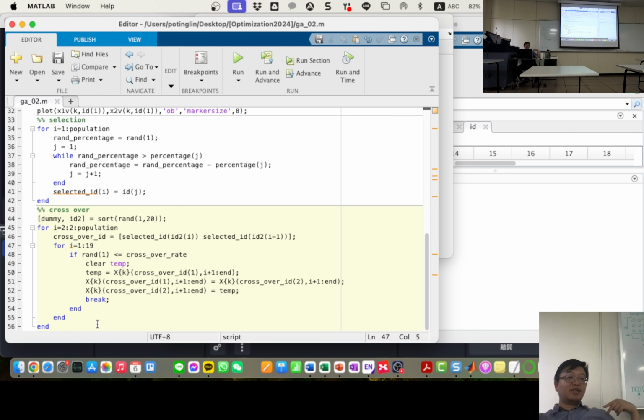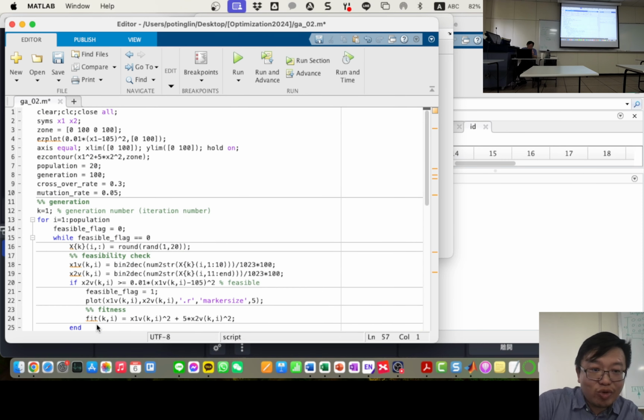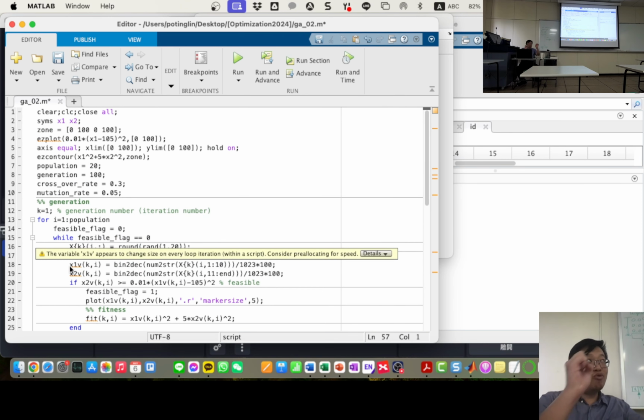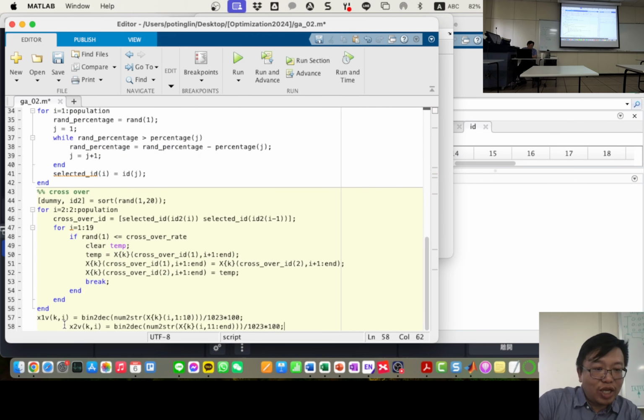Okay? So after you complete the crossover, you probably have no idea where they are. So let me try to plot out what would be the new position after you perform the crossover. So in order to do that, you need to check the value again.